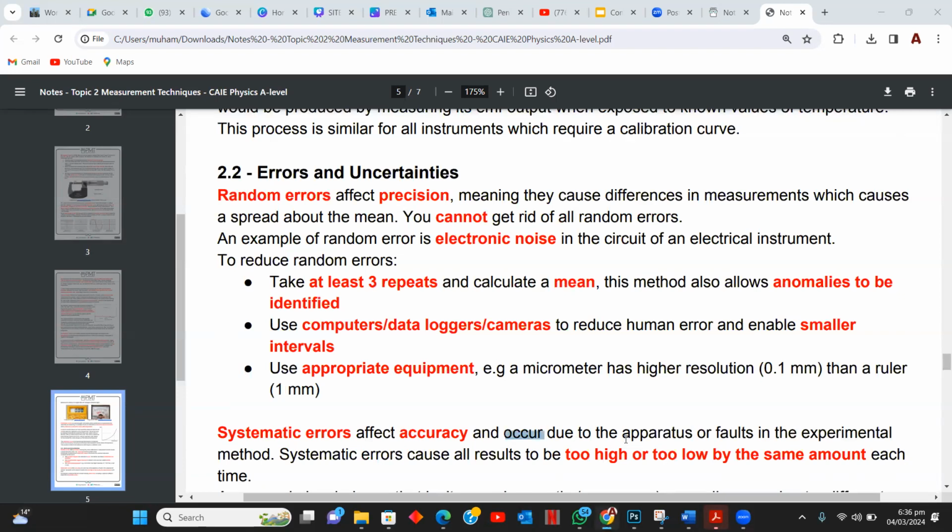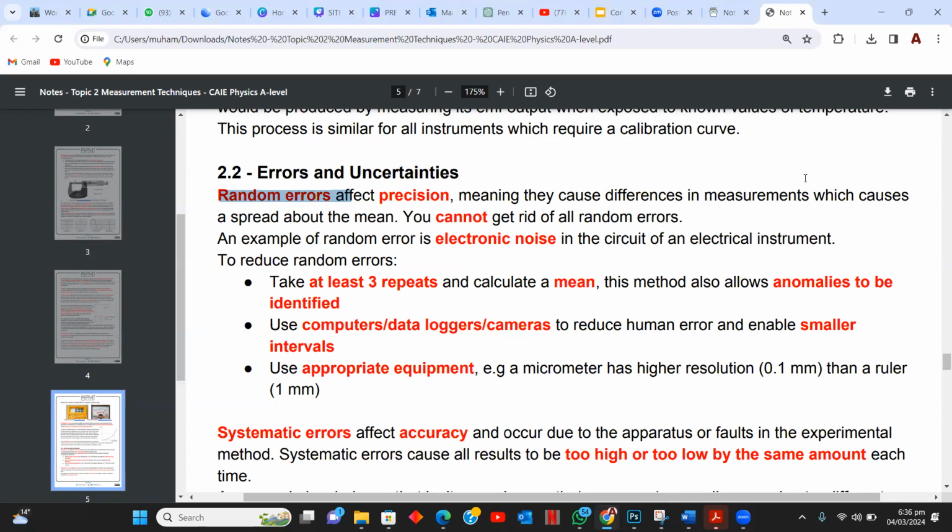For example, faults in apparatus or in the experimental methods are all systematic errors and they affect the accuracy of your experiments. Random errors, on the other hand, are caused by differences in measurements. For example, if you, as an observer, someone performing the experiment, have taken an incorrect reading, then it would be a random error and it would affect the precision and not the accuracy.